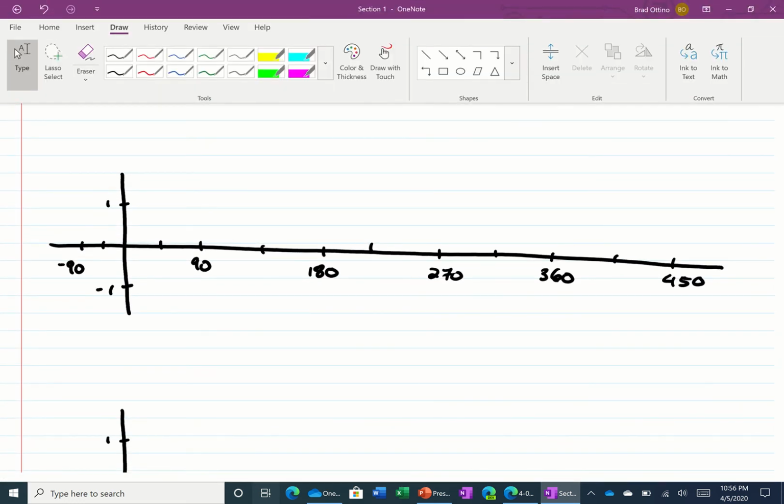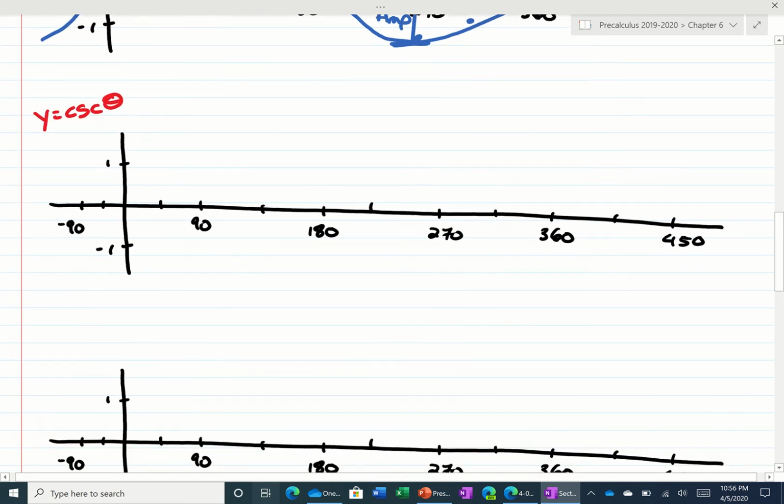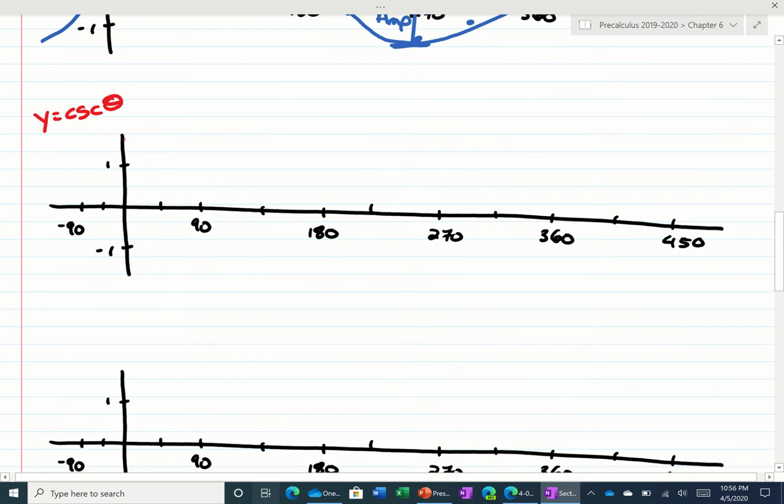Let's graph cosecant. Now at 0, cosecant was undefined. Anytime cosecant's undefined, I'm going to be drawing what's called an asymptote. We've talked about asymptotes before. Those are lines that the graph gets close to. And if we start plotting these at 90, it looks like this.